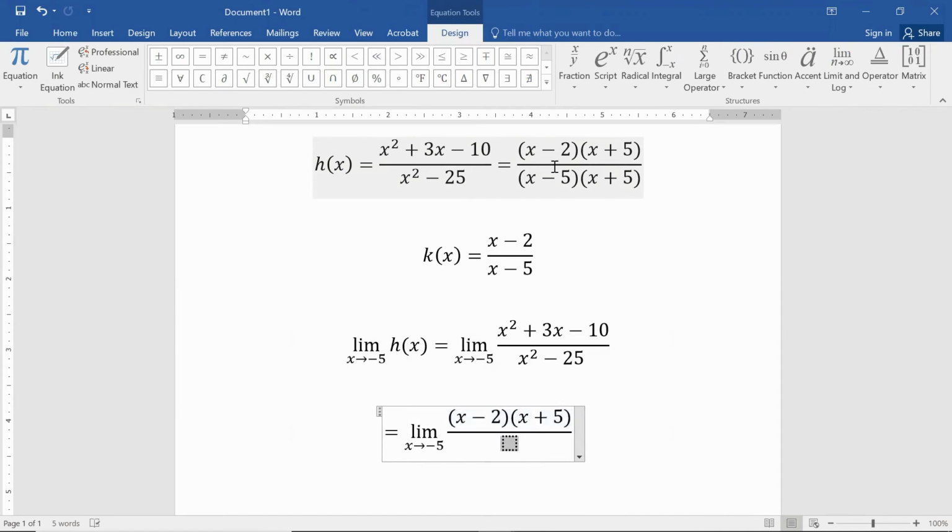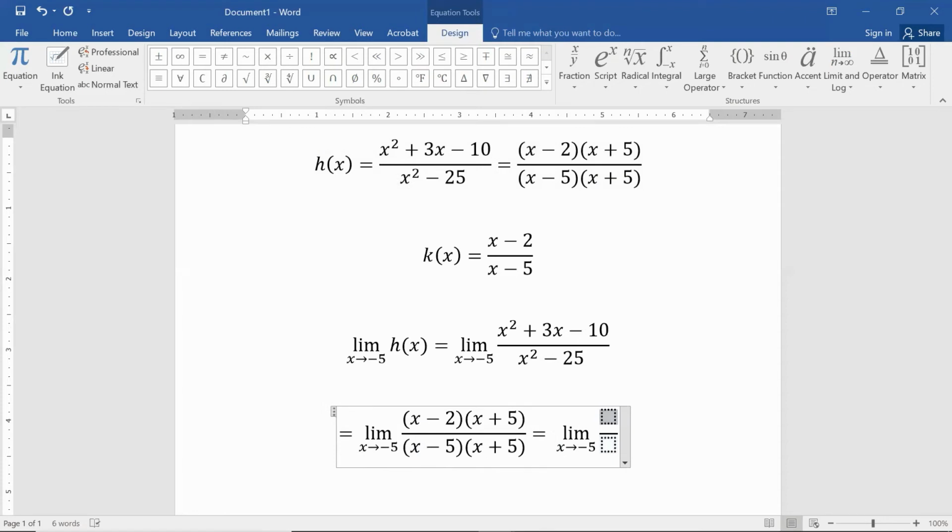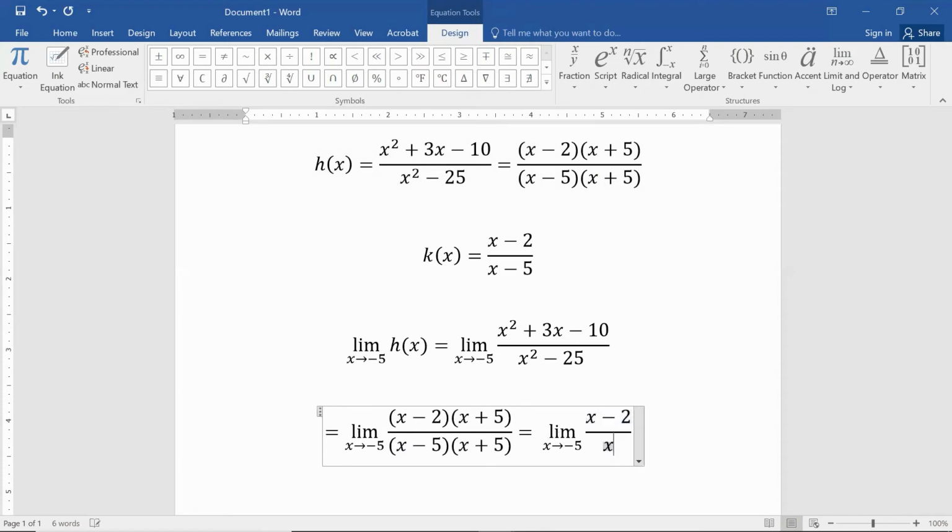They'll factor the denominator, and then they'll just write equals limit of x minus 2 over x minus 5.